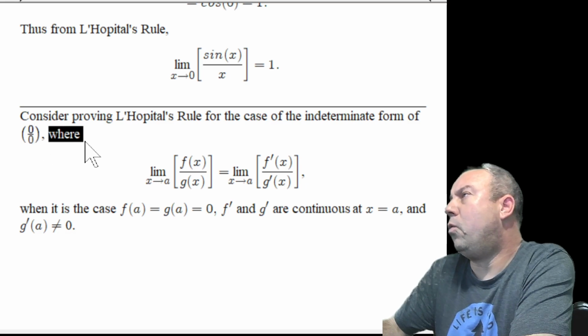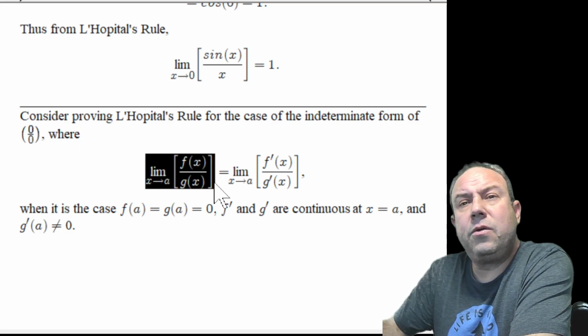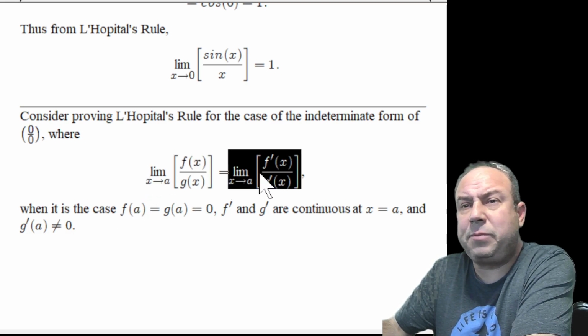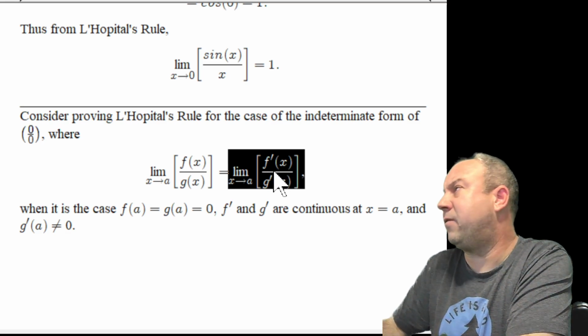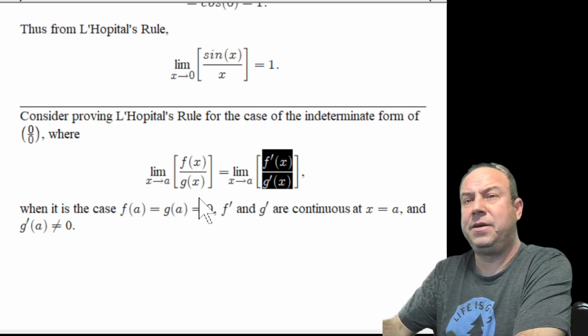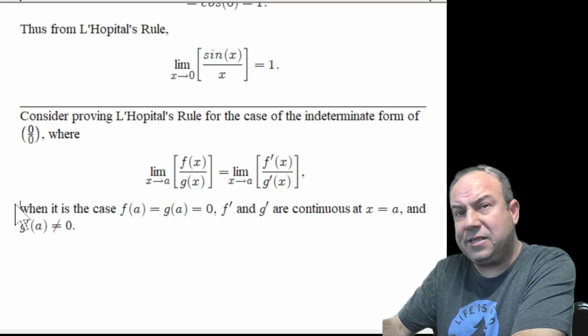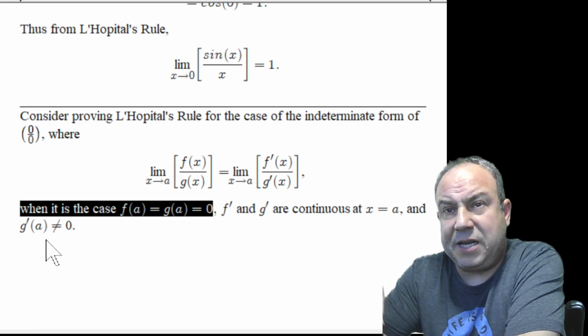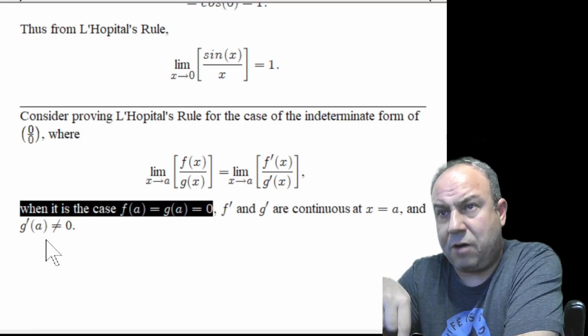Right? Where we want to prove the limit as x approaches a for f of x over g of x must be equal to the limit as x approaches a for f prime of x divided by g prime of x. And we must prove this when it is the case that f of a would be equal to g of a, which would be equal to 0, right?